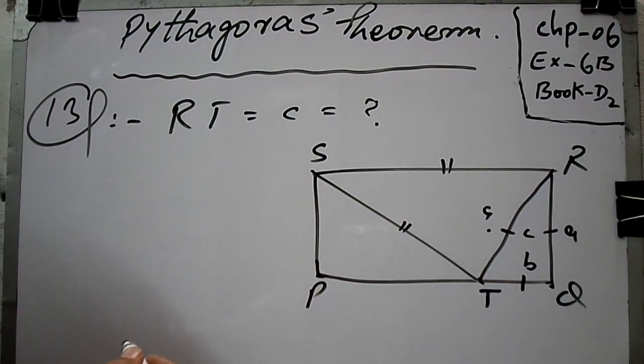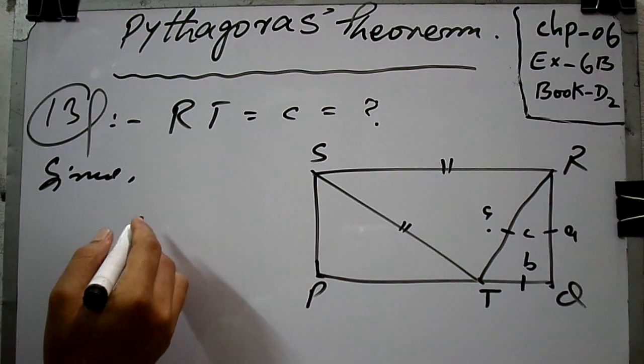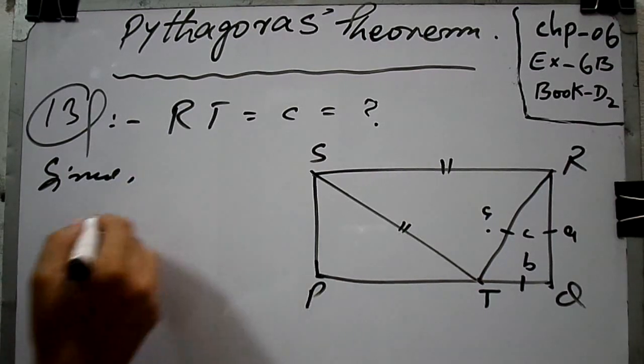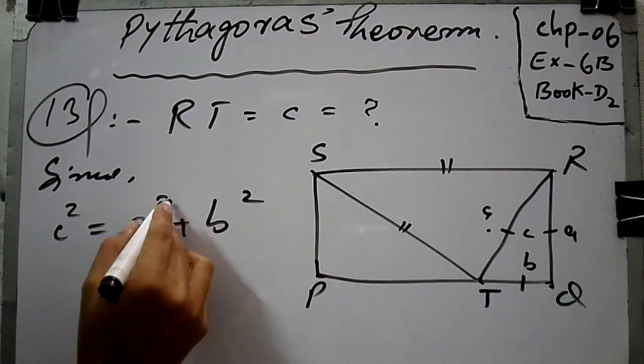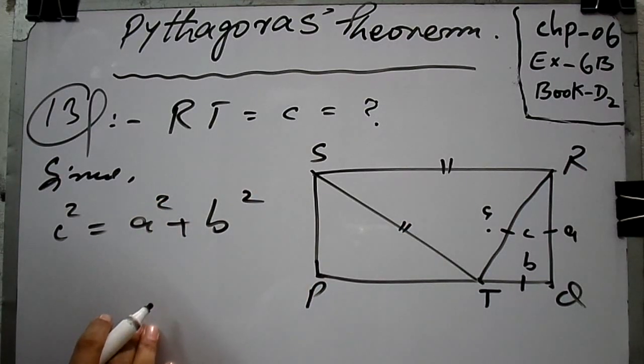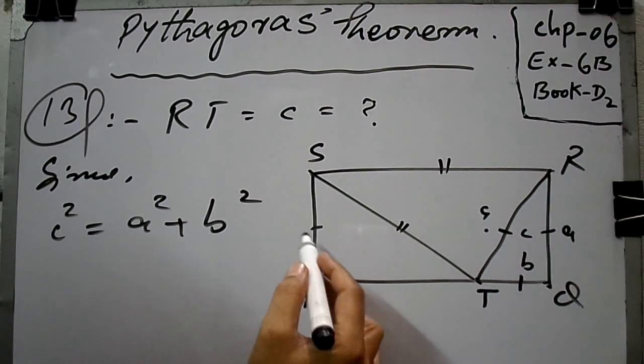Since by Pythagoras theorem, C square is equal to A square plus B square. So we have to find the value of this side, which is given, that is your A side.